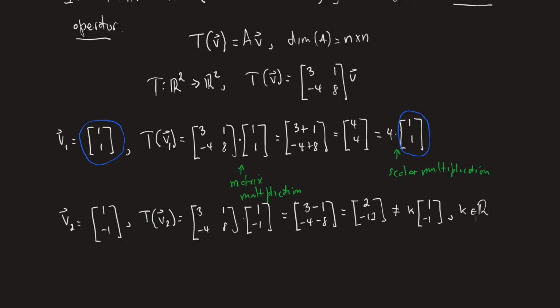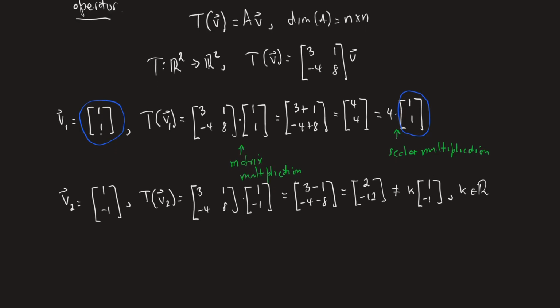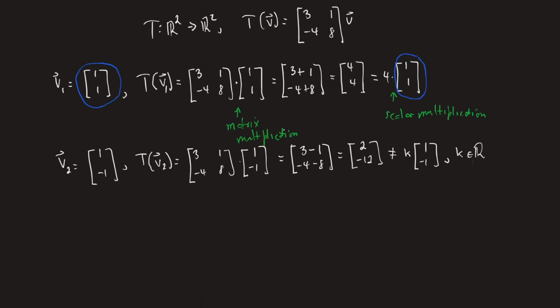So let's give the definition now of what an eigenvector is and what an eigenvalue is, right? The fact that you hear vector, and I'm pointing out that these are special vectors, you probably think that my little example here has something to do with what we're about to define, and you would be correct.